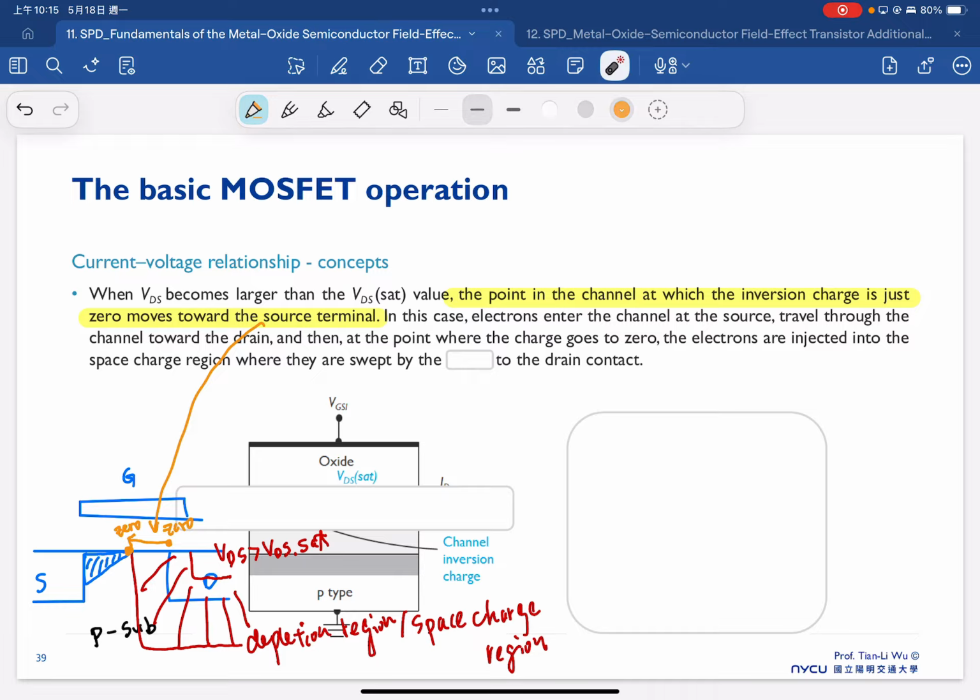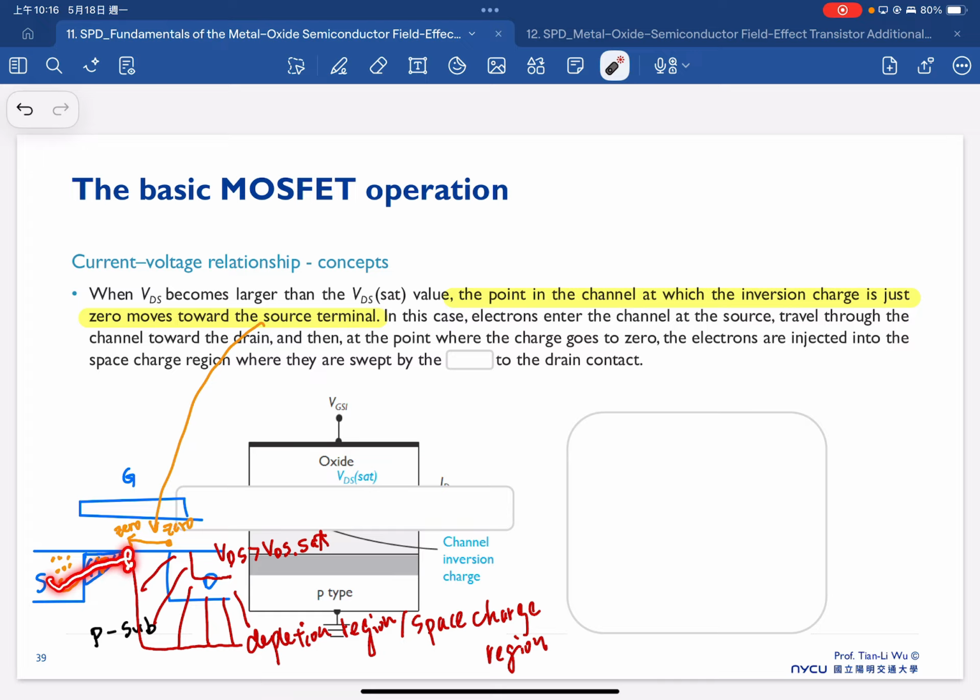So in this case, electrons still enter the channel at the source and travel through the channel toward the drain, but at the point where the charge goes to 0, the electrons reach this point.